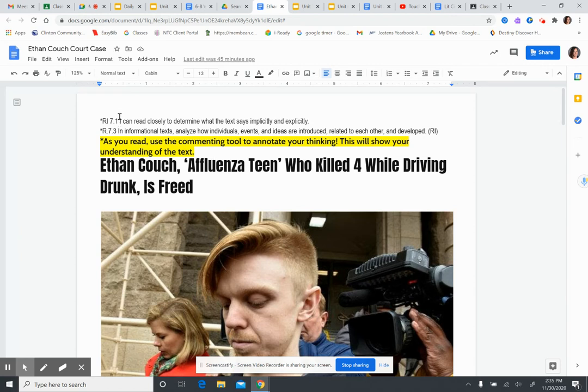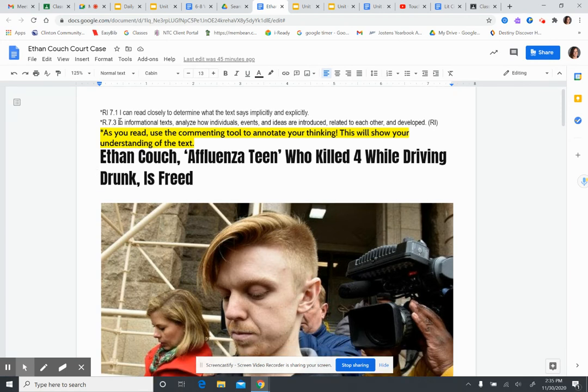The learning targets are, I can read closely to determine what the text says, implicitly and explicitly. And then this is a new one, as with informational texts, we're going to be analyzing how the author introduced the ideas or events. So that's a reading informational text standard.